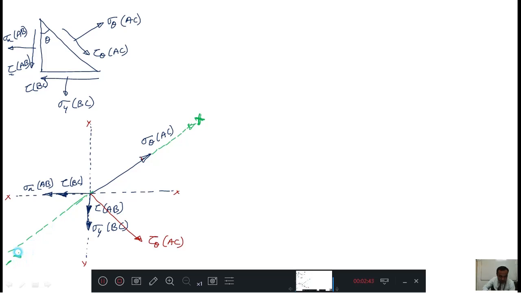Then perpendicular to that, this is the positive y-axis, and this is the negative y-axis. Any doubts? No doubt.